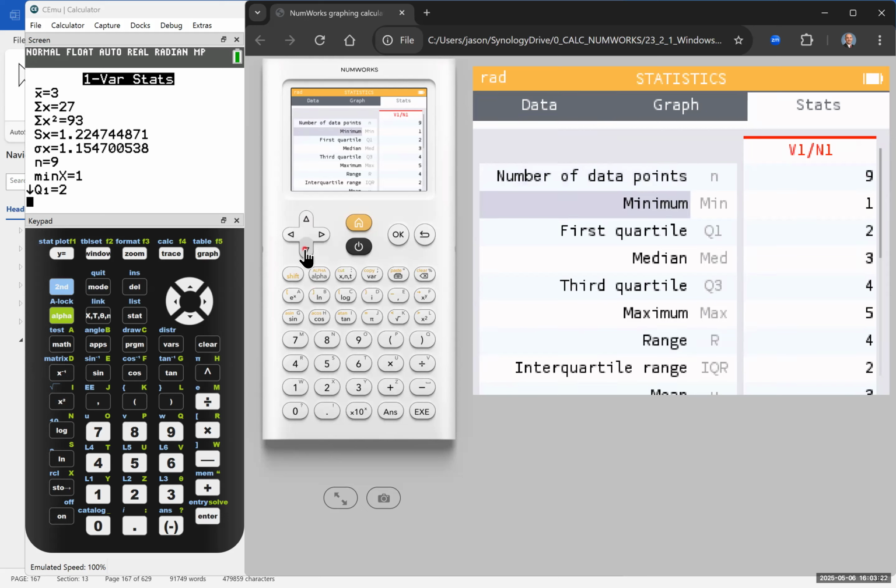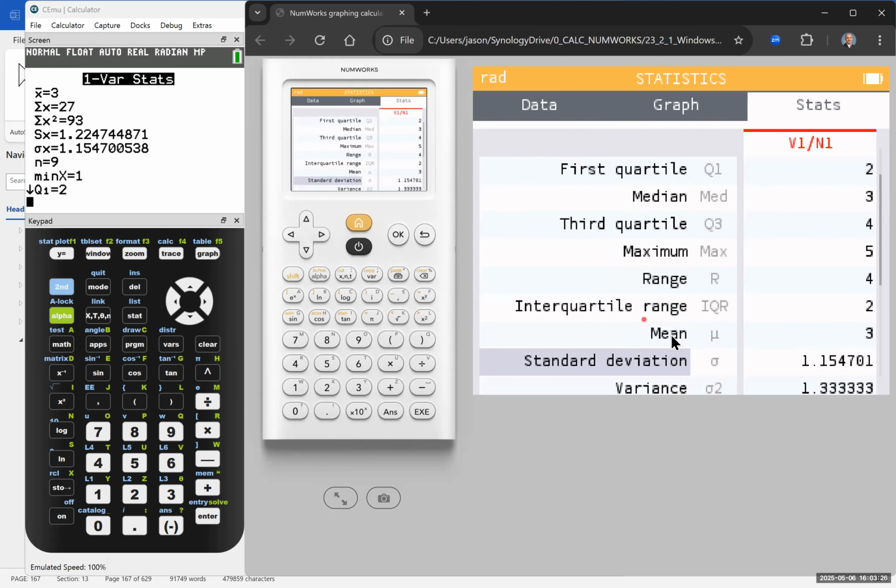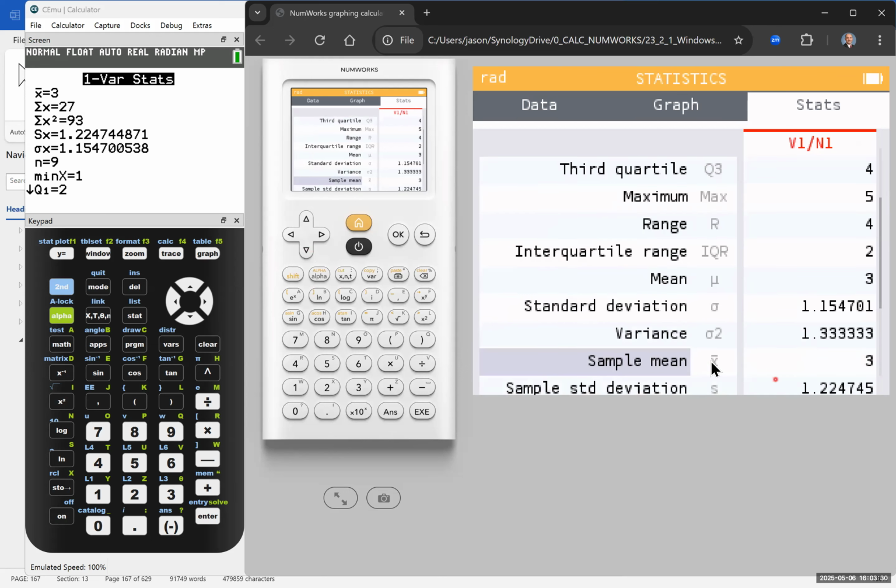And what I want to do is go down till I get to sample mean. Not population mean. I want sample mean, which is X bar. Now, because I made this example, it comes out to an even 3. But what if your sample mean didn't come out to an even 3 and it was some really long decimal number?